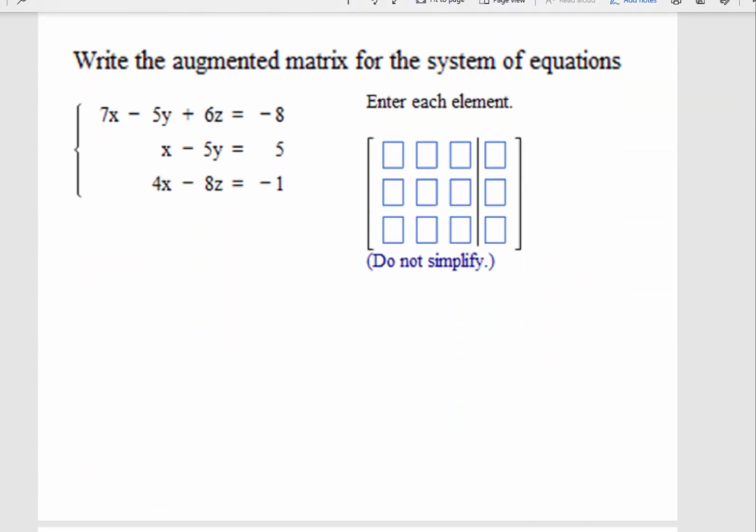Okay, so when we're dealing with systems of equations, we can enter these into a matrix, but we have to make sure that our columns are accounted for with x, y, and z, or whatever variables are used, and then the constant. So I'm going to reorder this so that it reflects separate columns.